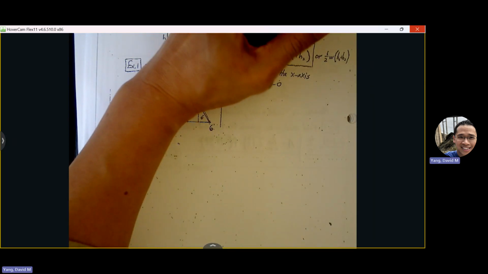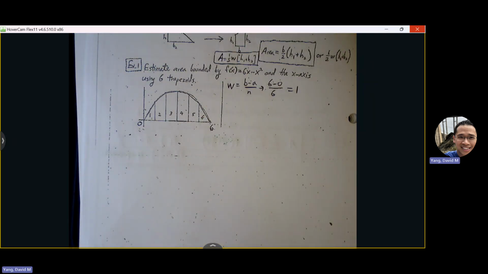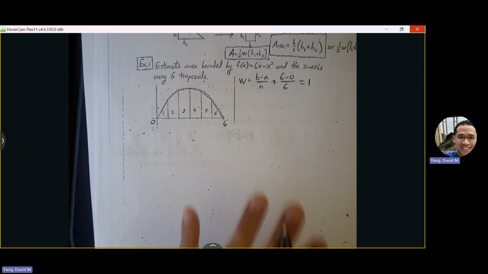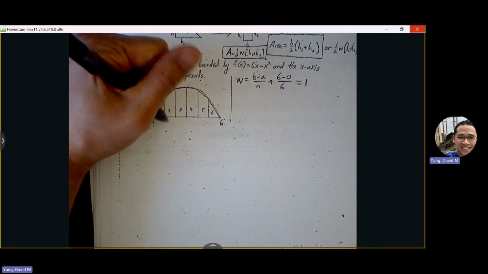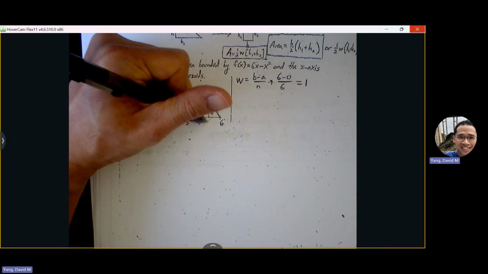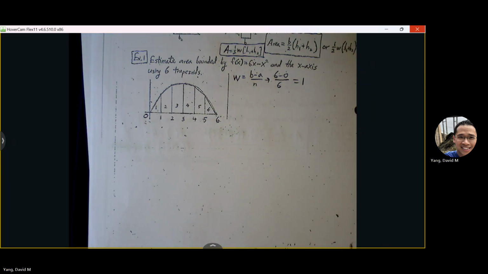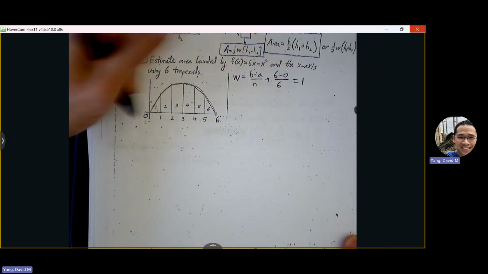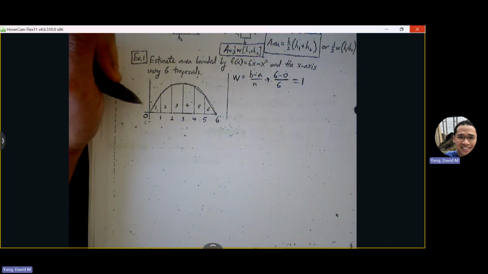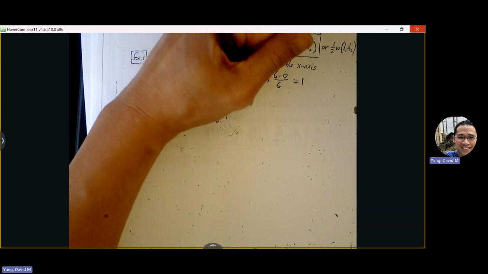So 6 minus 0 over 6, which is 1. So this is nice. Every increment is by 1. So 1, 2, 3, 4, 5, and 6. So we're just going to make every one of these go through an area formula for trapezoid.